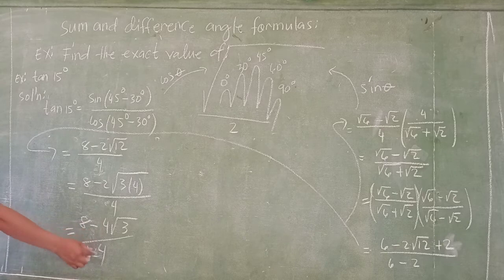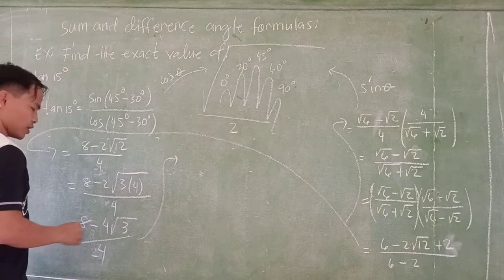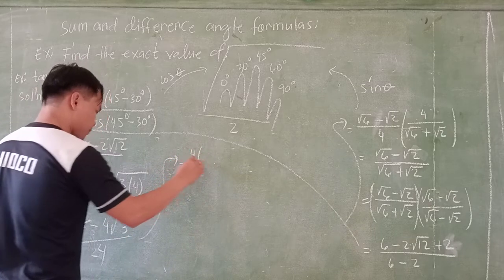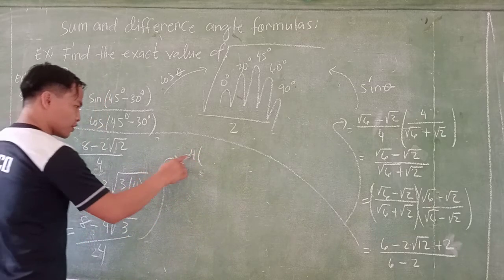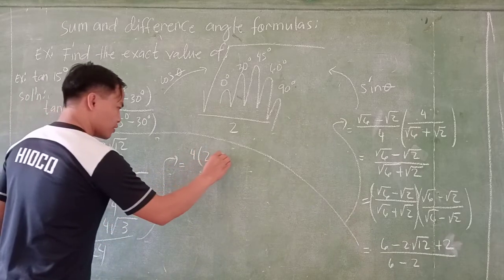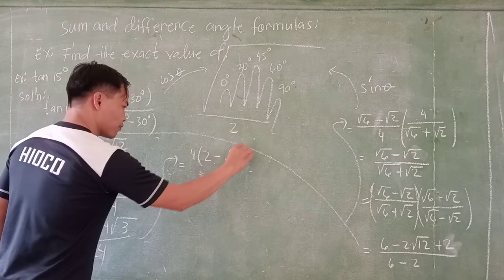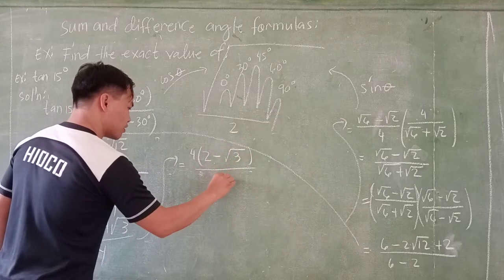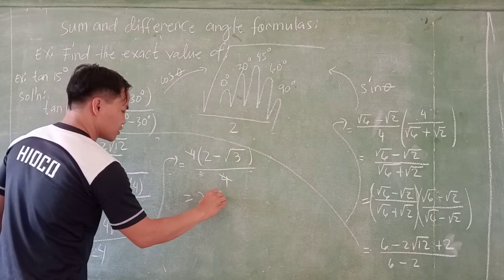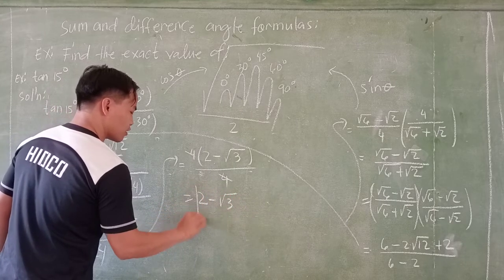So we can cancel the 4. Removing the common monomial factor, which is 4, we have 8 divided by 4 is 2, minus 4 divided by 4 is 1, with square root of 3 remaining, over 4. So what remains is 2 minus square root of 3.